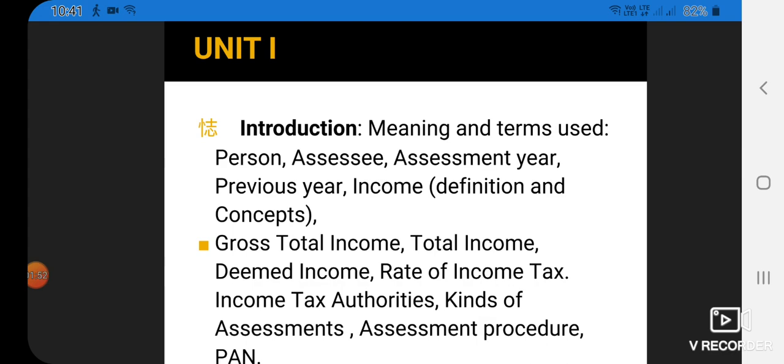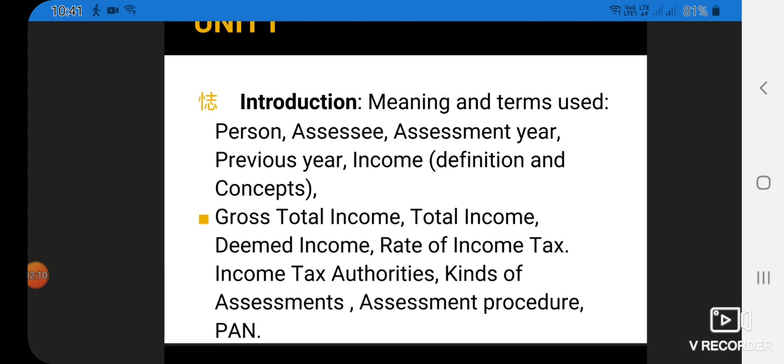After that, gross total income, deemed income, rate of income tax, different income tax authorities, kinds of assessment, assessment procedures, and PAN. The first unit is all about theory.